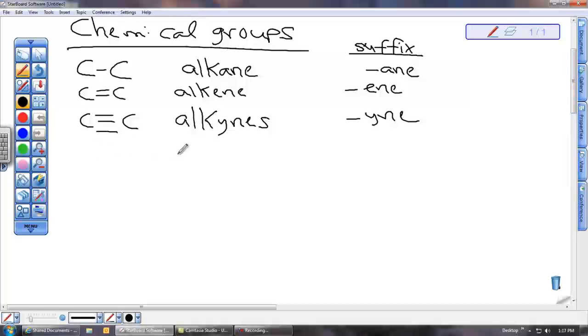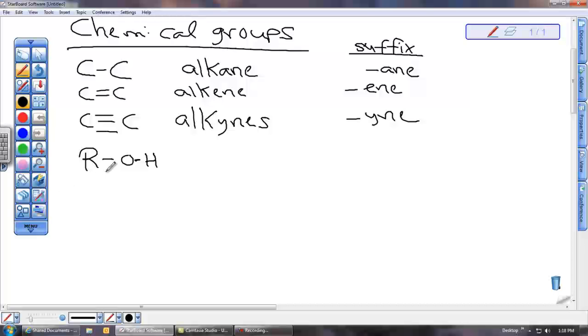We have chemicals that include... Now, let me give you a little word here. When I write that R, I don't really know if it has a name. I've always thought of it as the rest of the molecule. So when you see an R, that basically is saying the rest of the molecule is just generic carbons.